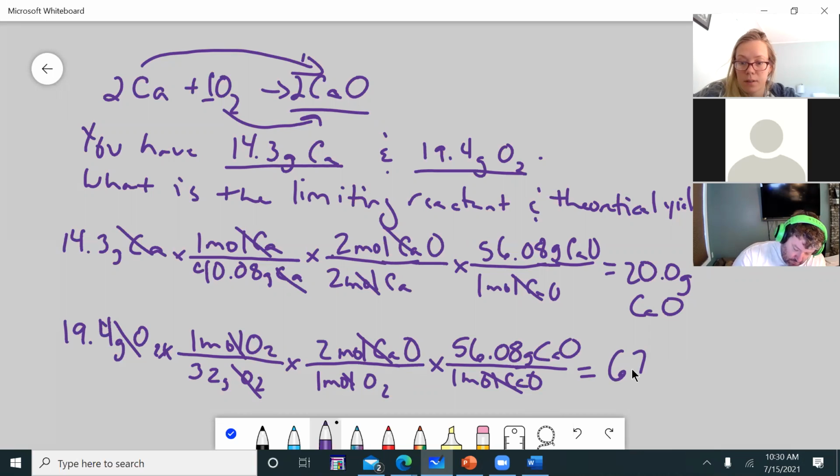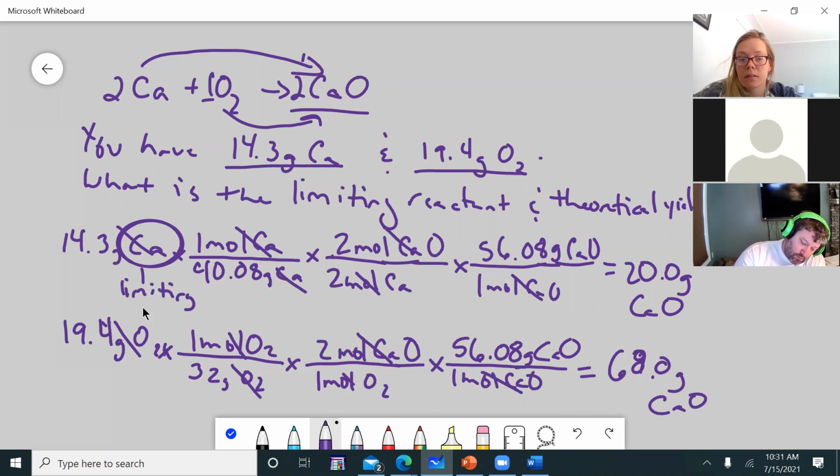Okay, so I need to go with 68.0 grams of calcium oxide. So now it says, what's the limiting reactant? Well, what will produce less? Calcium. So calcium is the limiting reactant. What is the theoretical yield? This number over here, the lower of the two values. This is our theoretical yield.